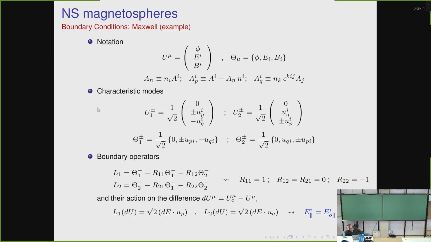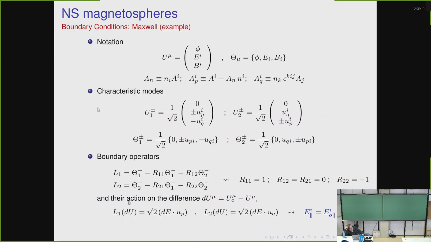And physically, once you solve this and see what these parameters are, these particular values, you can reinterpret this as the mirror I was talking about. Essentially, all the outgoing modes you are going to reflect back into the domain. That would be an example in electromagnetism.